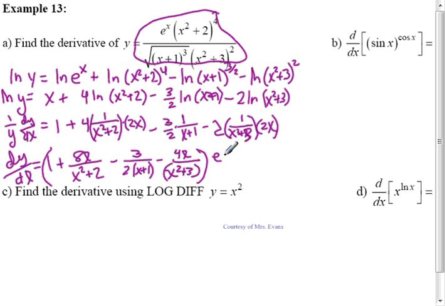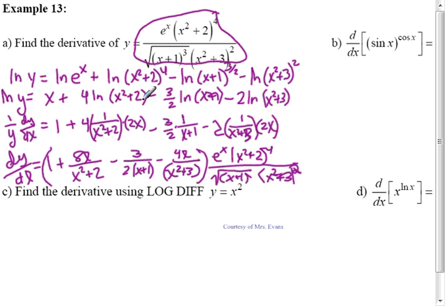Alright, so e to the x squared plus 2 to the 4th, all over square root of x plus 1 cubed times x squared plus 3 squared.